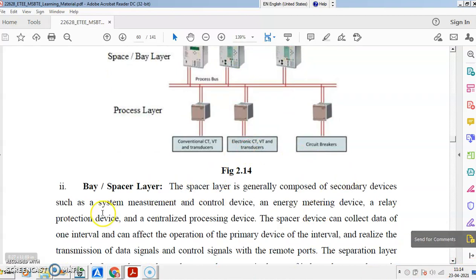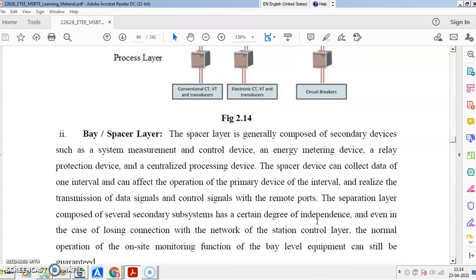So you may have measuring devices, control devices, energy meter devices, relay protection devices, centralized processing devices. The bay device can collect data at one particular interval, or can affect the operation of primary devices of the interval and realize the transmission of data signals and control signals with remote parts.